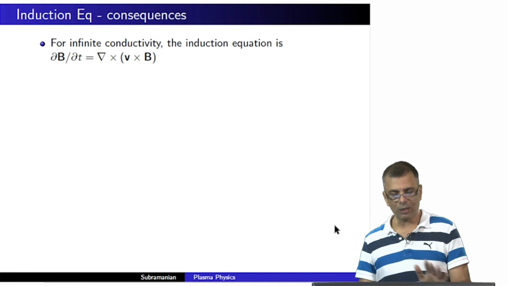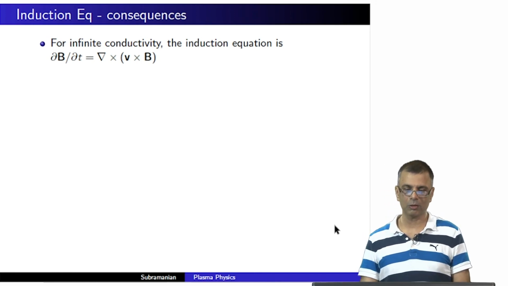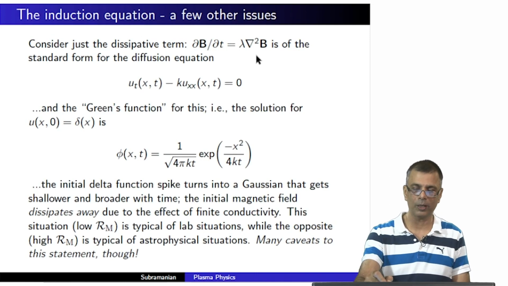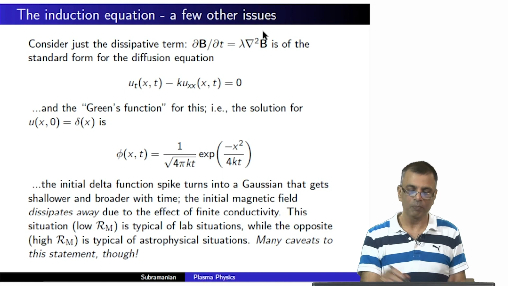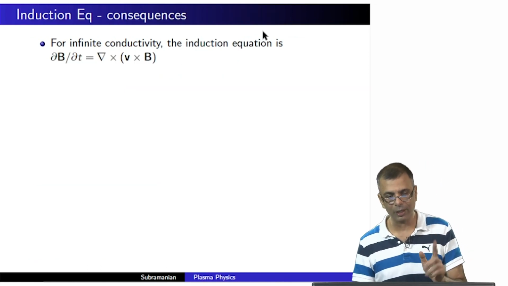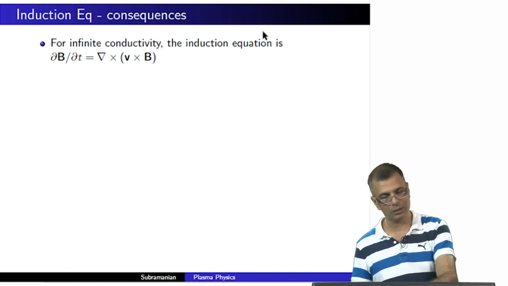So, there are some consequences from the induction equation. If we take the conductivity to be infinite, in other words, if we take this term to be essentially 0, if we take the magnetic Reynolds number to be technically infinite, the induction equation is just this.